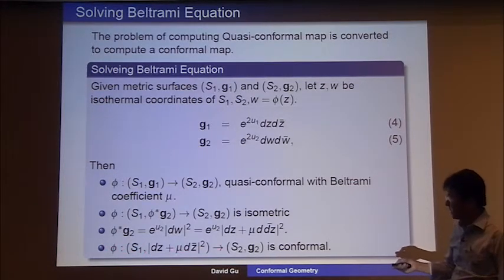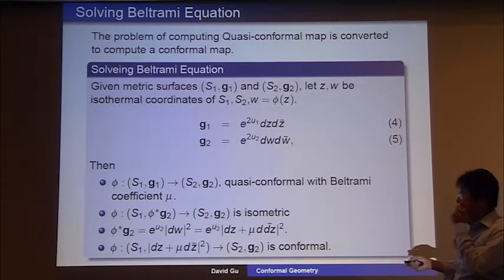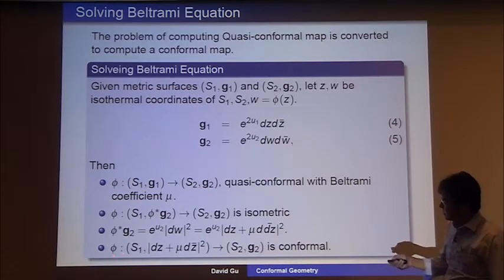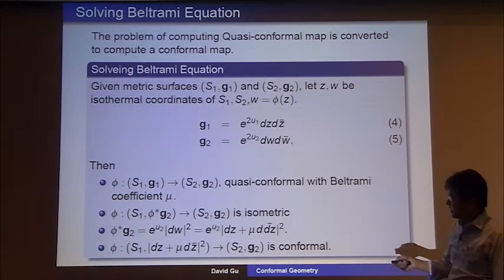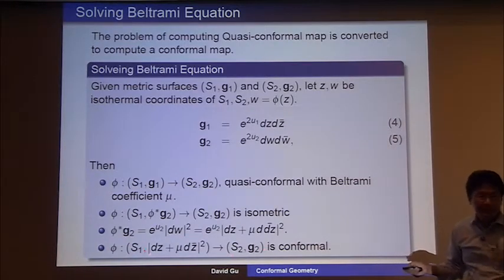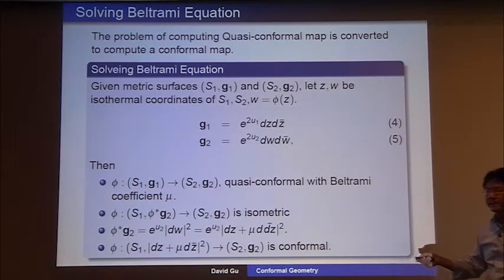Then this mapping becomes conformal. So this means that to compute a quasi-conformal map, by constructing a new Riemann metric, the quasi-conformal map becomes conformal. Then you use the Ricci flow, and you can solve this easily. Therefore, for an arbitrary diffeomorphism, if we know mu, we can compute the mapping using Ricci flow.